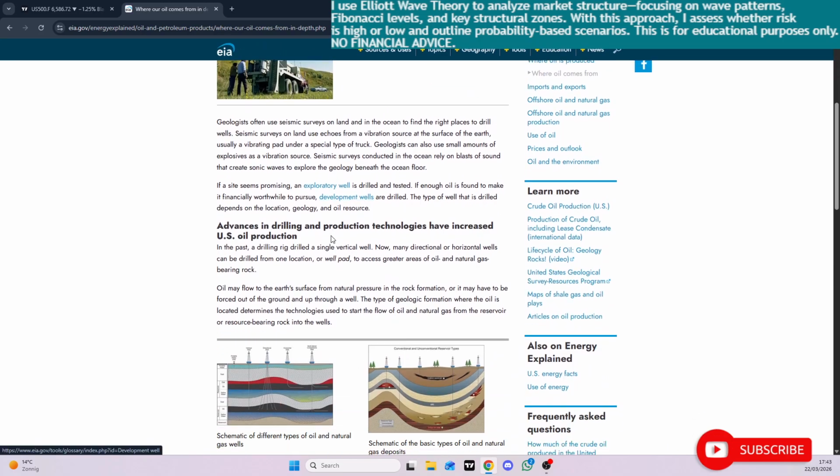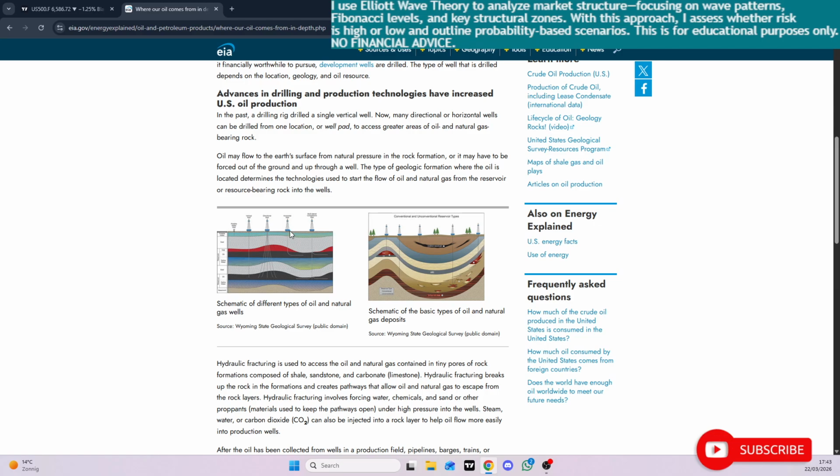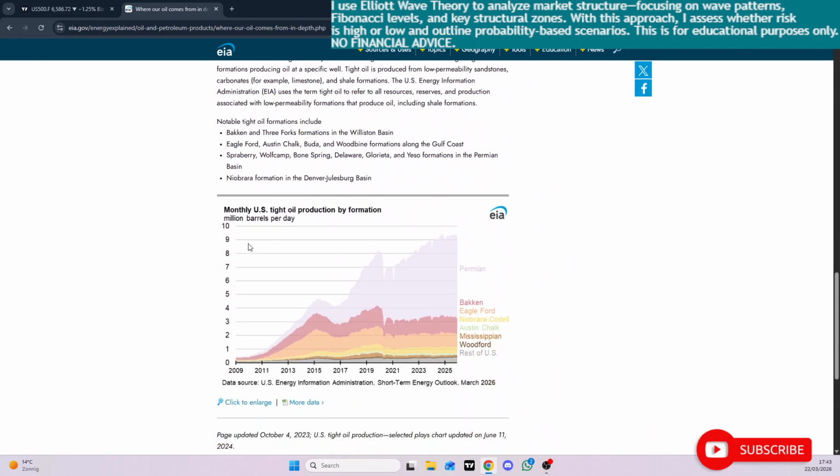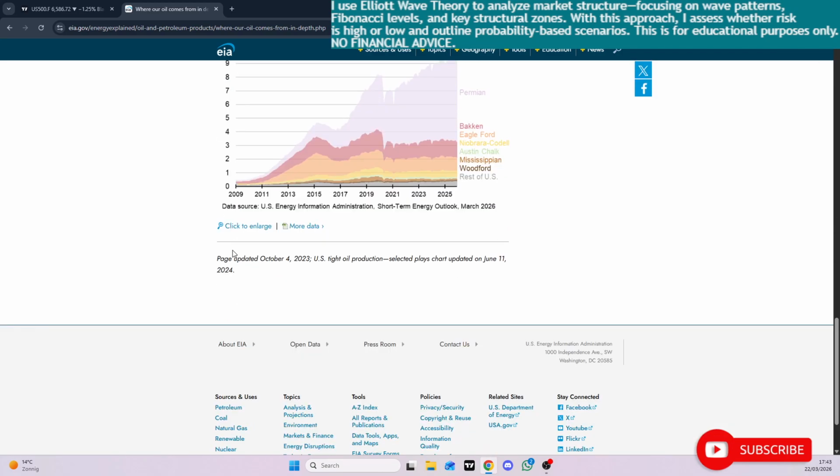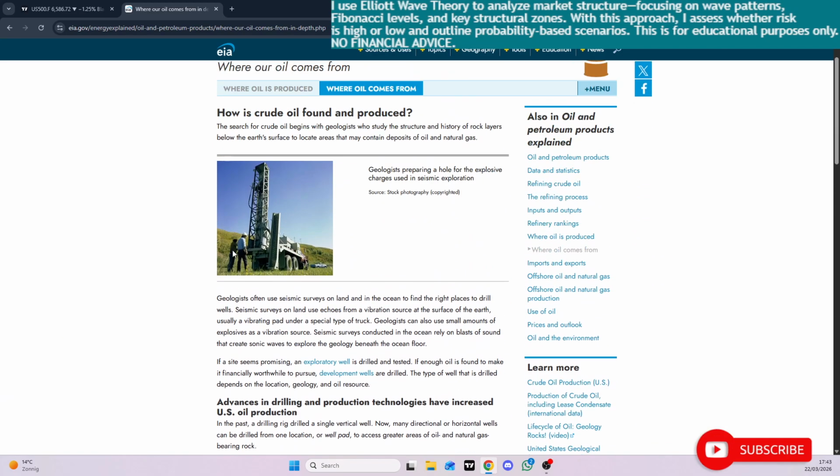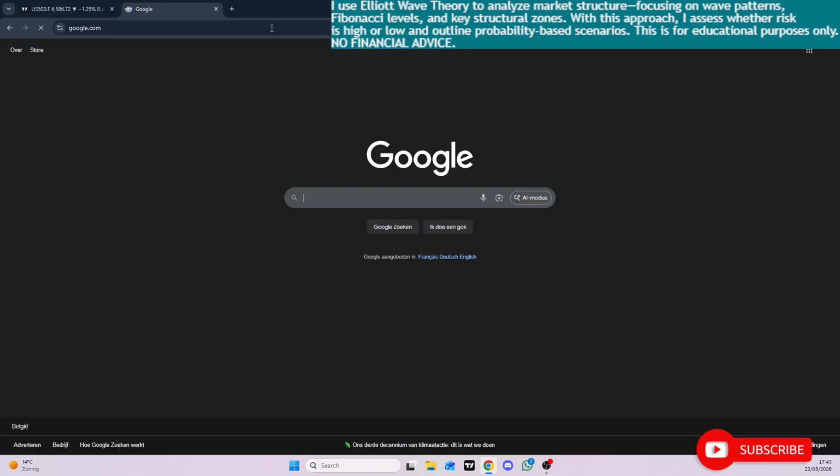I thought I had a page here where I could see from where the US gets its oil from, but I'm failing to find it. Let me check it on Google then quickly.